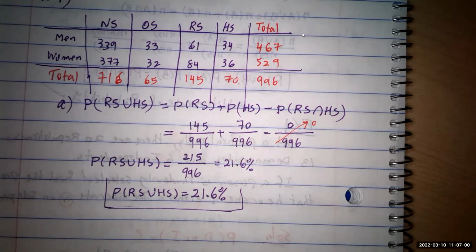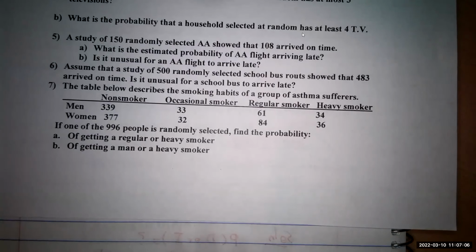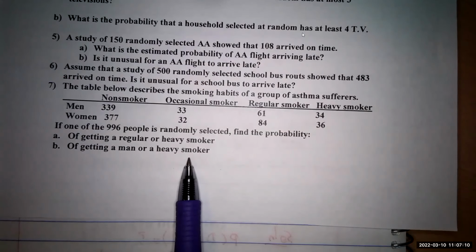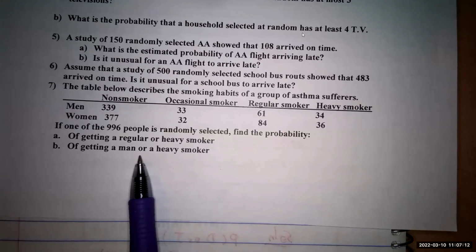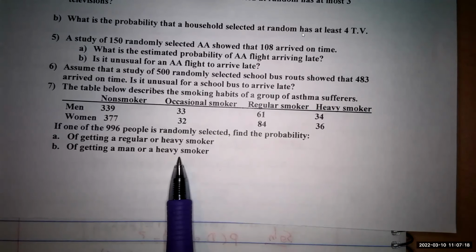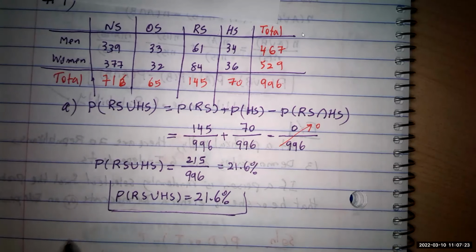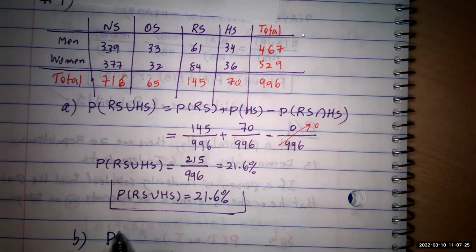So that's the first part. Now the second part. What's the second part? You want to get a man or heavy smoker. Again, it's an or combination, so use the addition rule. For the second part, you want the probability of getting a man or heavy smoker.